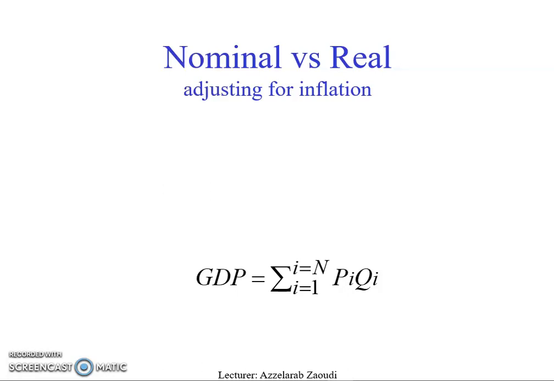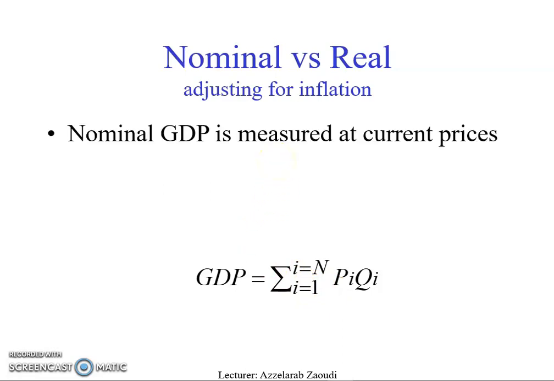Basically, the GDP can be computed as prices times quantities. We have to define the prices and quantities for every single sector or business. But we'll deepen this concept when we get to the approaches of calculation of GDP.